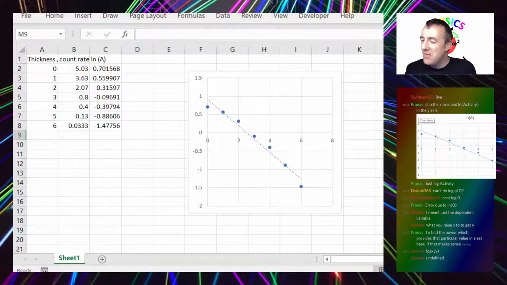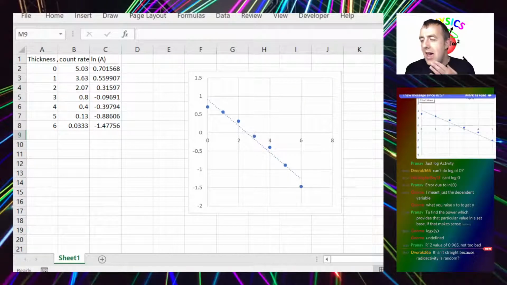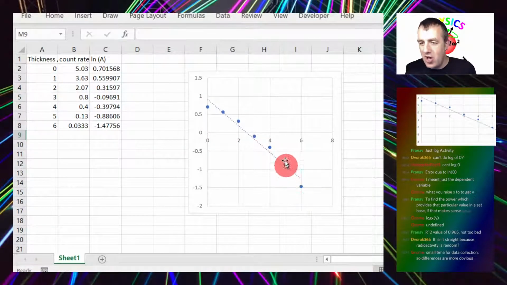I don't know what to make of that. It's Dvorak, I would agree with you, except this is definitely a curve. Right, no, but that would be a random error. And so you'd expect to see points randomly scattered about the line.